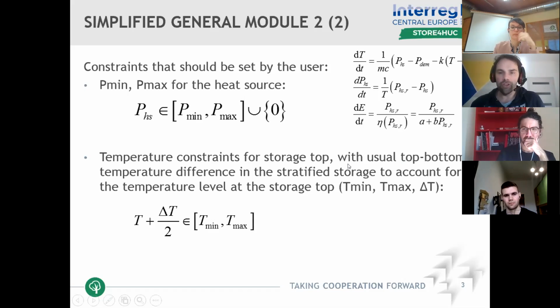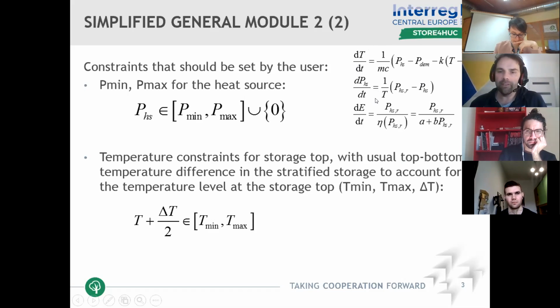Yeah, and I figured just one thing in the equations I have given to you now, if somebody maybe has noticed. So this temperature here in this equation is, let's say, a representative equivalent temperature in the storage.